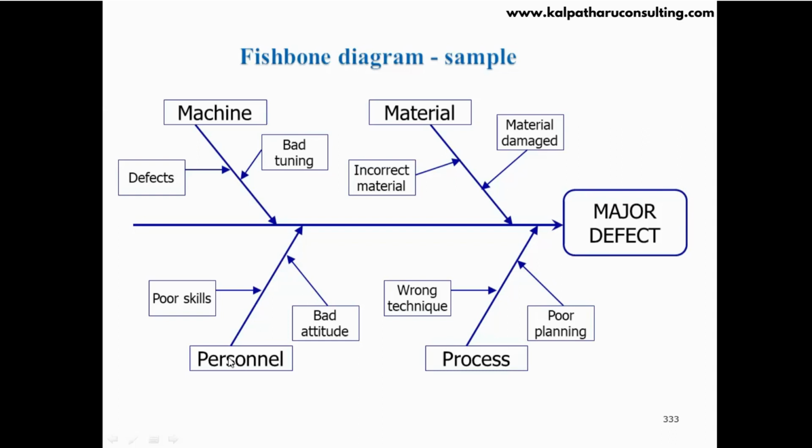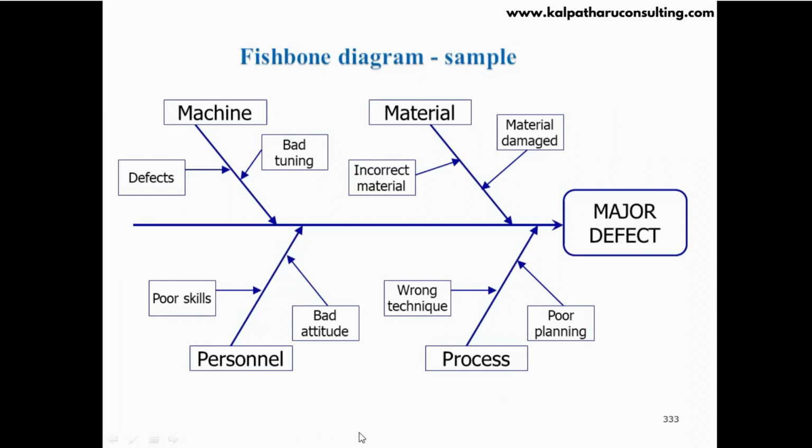And when it comes to people, that is personal, what can be the reasons contributing to the issue? Maybe people with bad attitude or poor skills, or people with incorrect mapping of the job. There can be any reasons. Process: here it is poor planning and wrong technique.